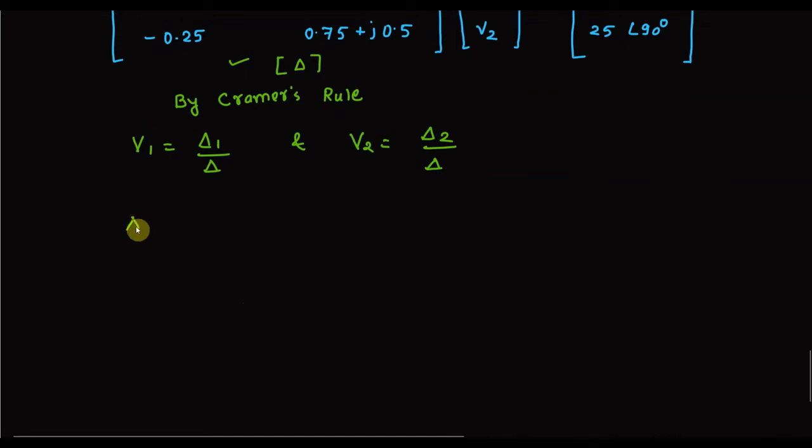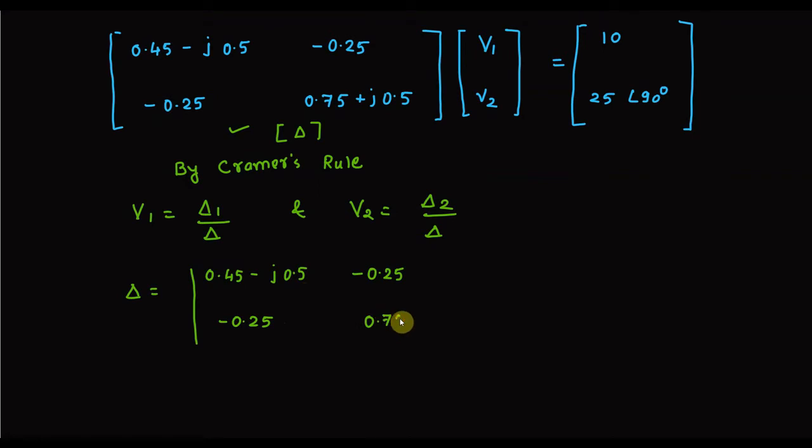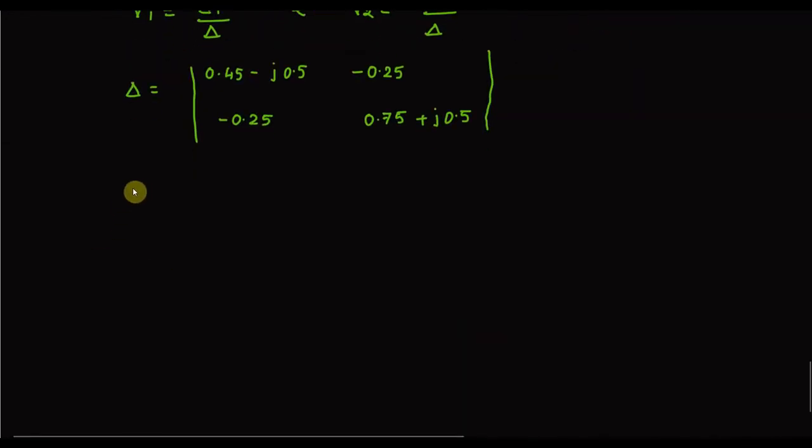So first we will get the value of delta. Find it in determinant form. So it is 0.45 minus j0.5, minus 0.25. I am just copying the upper one, minus 0.25, 0.75 plus j0.5. Now solve the determinant.